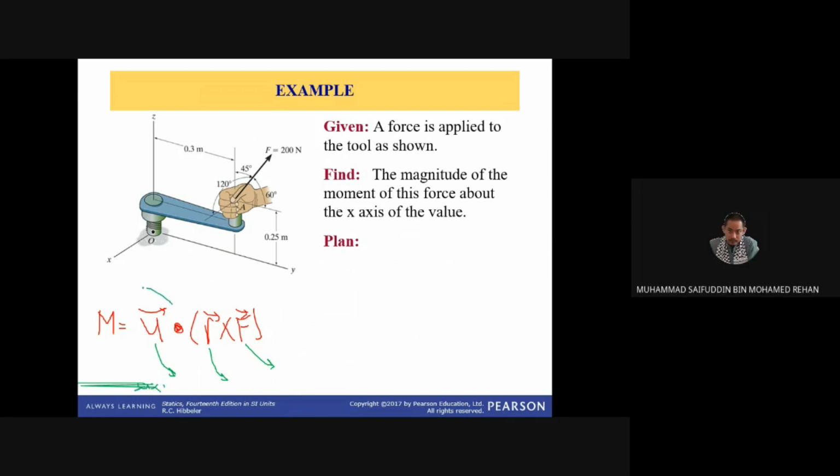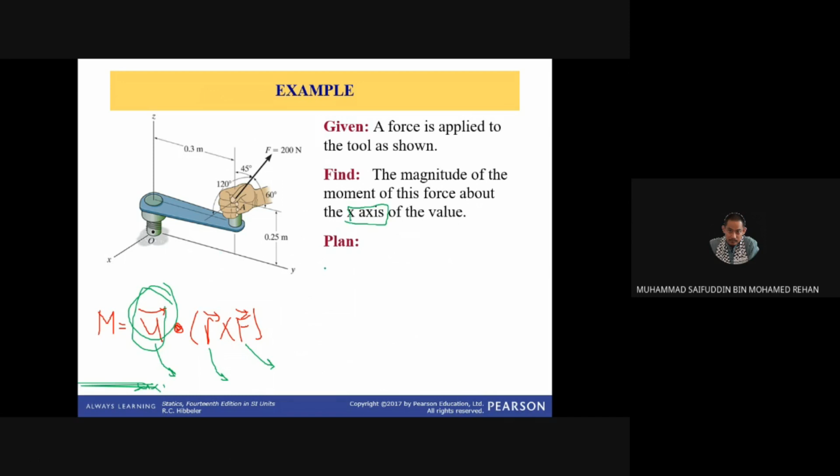Okay, so when we're talking about the axis, the question will always have to specify if it asks to calculate a moment about an axis. So which axis are we talking about? In this particular example, when you say the magnitude of the moment of this force about x-axis, this is the axis that we are talking about, and this u has to reflect this x-axis, right?